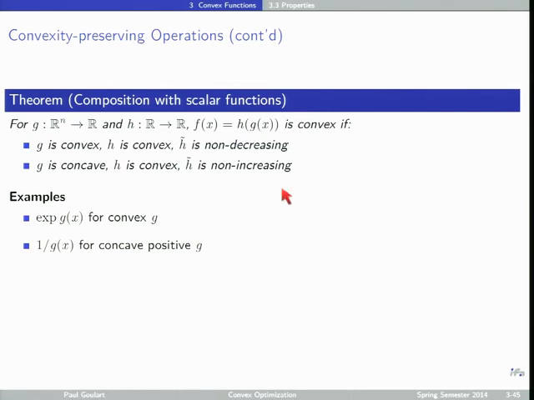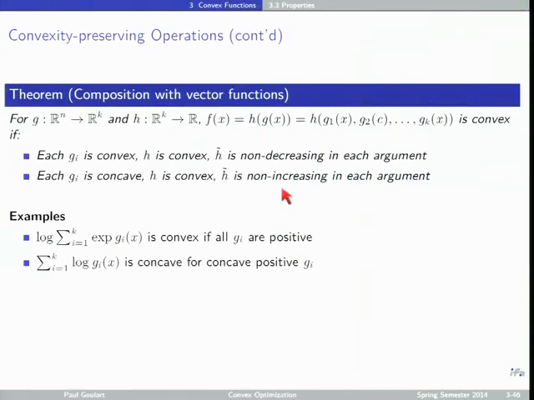So this is for scalar functions, and then likewise there's a similar rule for vector-valued functions. The vector-valued function just basically says, as long as you apply the rule from the scalar case element-wise to every component of your function, then everything is okay. So the h, which is the outer part here, just has to be non-decreasing in each argument.